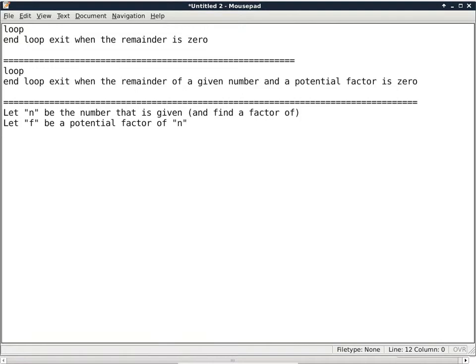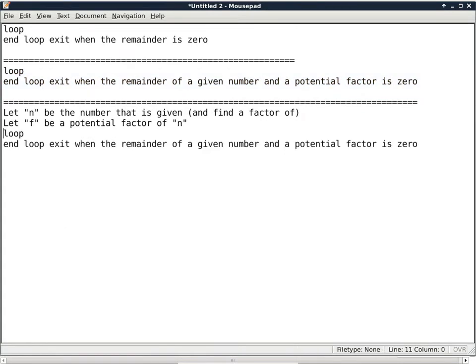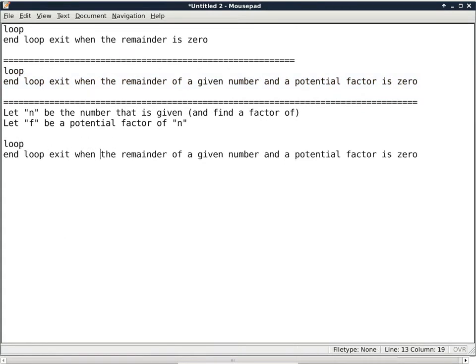Now that we have these 2 variables defined, I can go back to the algorithm and make it a little bit more concise, because we do not need the phrases anymore. So we can say when the remainder of n divided by f is 0. It means exactly the same thing, it's just a little bit shorter.